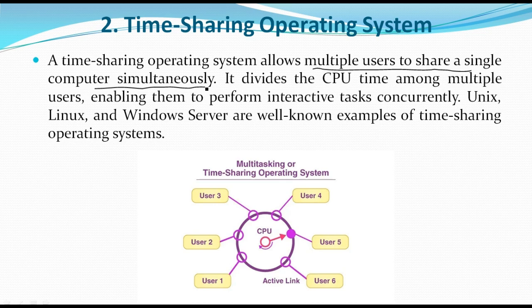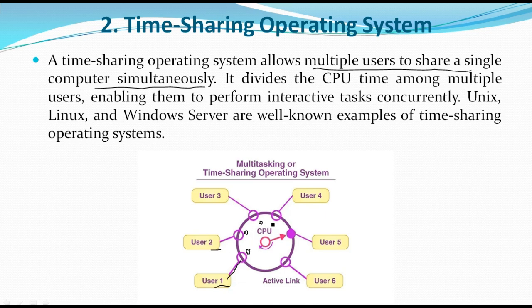By this example we will understand. Assume that there are user 1 and user 2, constantly accessing the computer. The CPU is allocated to user 1, also 2, 3, 4, 5, 6. So there are 6 users, and the CPU is allocated to each of them, and while assigning the CPU, one time quantum is allocated to user 1, user 2, user 3, user 4, right?